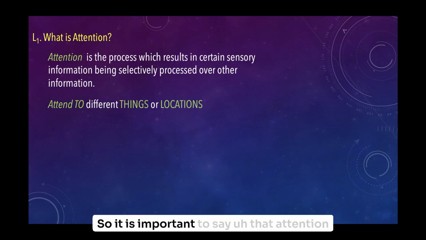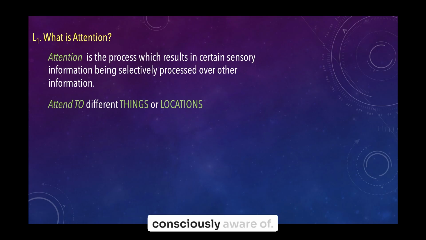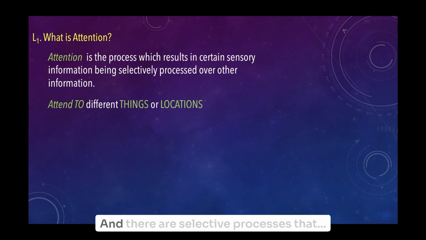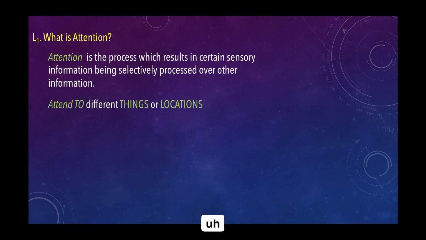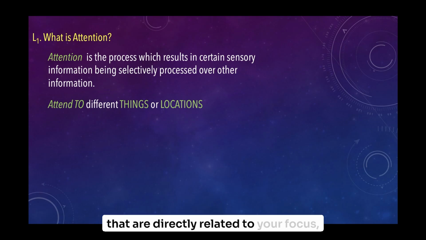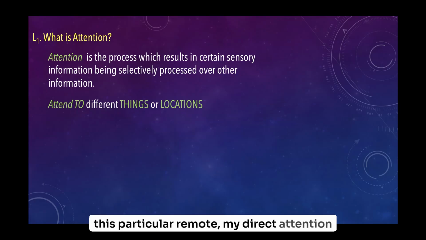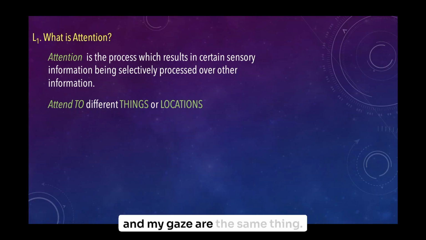It is important to understand that attention has both selective processes that you are consciously aware of, and also selective processes that you're not consciously aware of. And there are selective processes that are directly related to your focus, meaning that if you're looking at something directly, for instance, if I'm looking at this particular remote, my direct attention and my gaze are on the same thing.